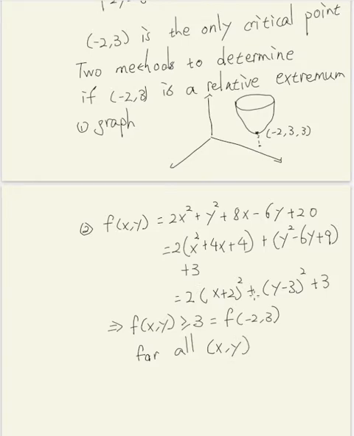This comes directly from non-negativity of squares. Since this is non-negative, this is non-negative, then you're adding something non-negative to 3. You can only make it larger. That means f is always larger than or equal to 3, which tells you (-2, 3) is a relative minimum.